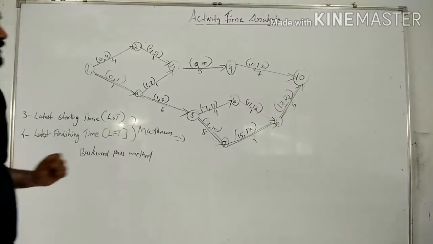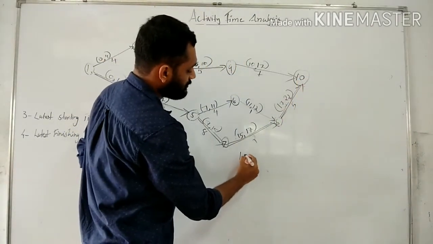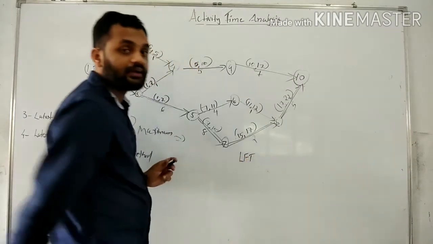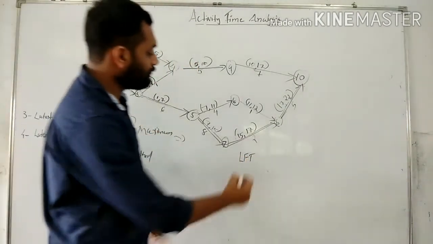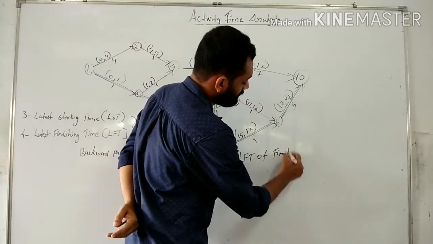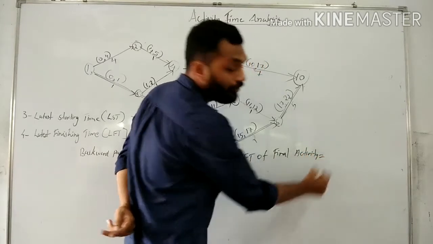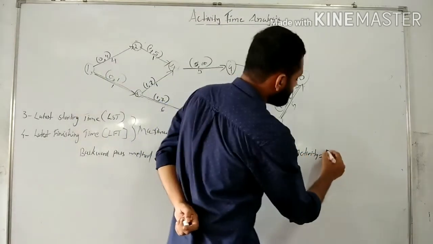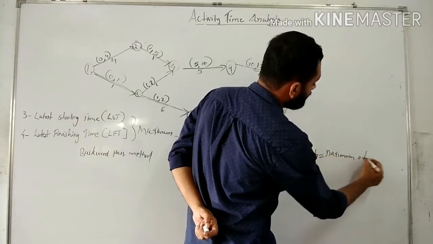So the first step of the LST and latest time calculation is the LFT of the final activity, which is equal to the maximum of EFT.